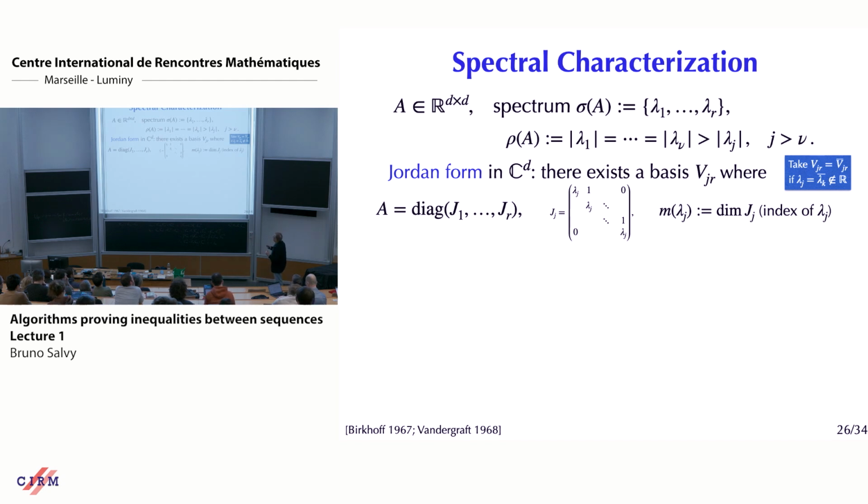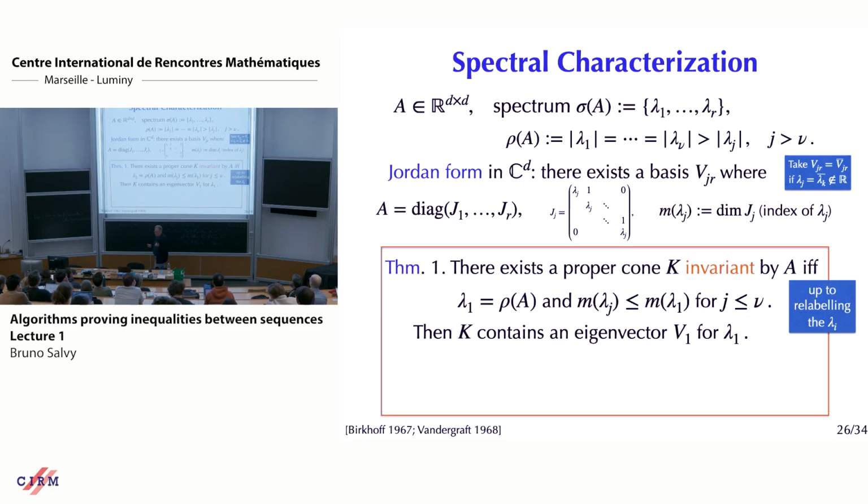And the dimension of this block is sometimes called, and will be called here, the index of the eigenvalue. Okay? So now, I have this matrix. I don't know about this cone, but if it exists, I have information on the matrix. If there's a cone that's invariant by the matrix, then first, up to relabeling the lambda i, lambda 1 is real and positive, and it's the spectral radius.